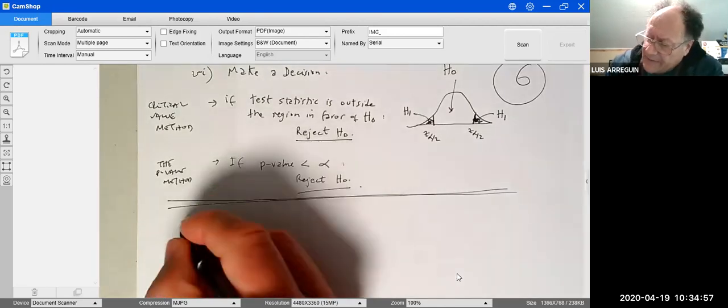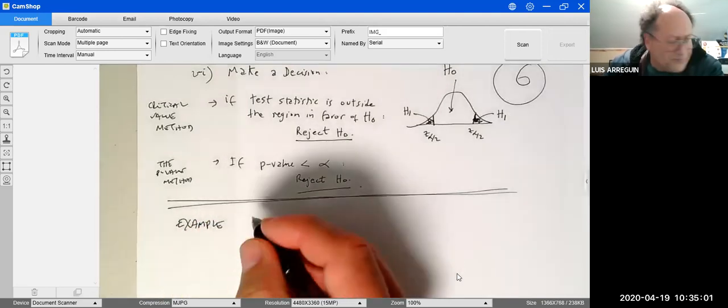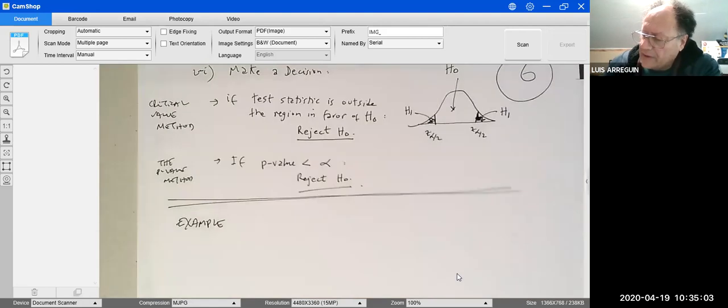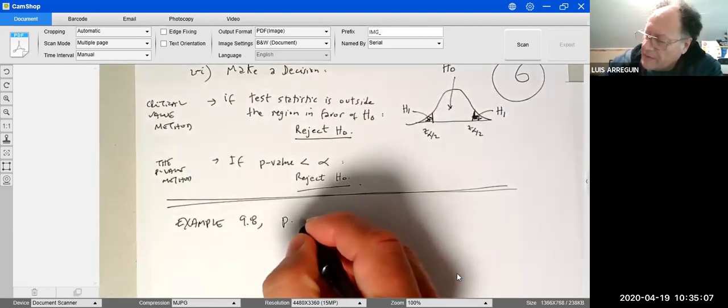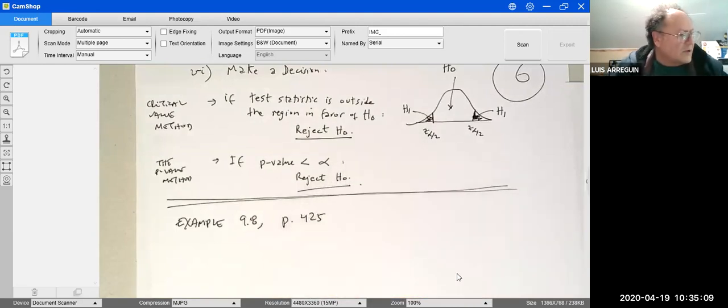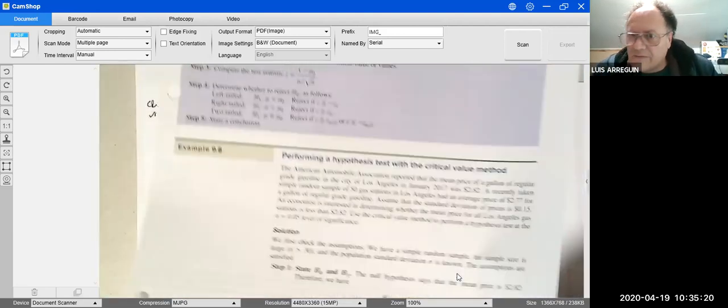So we're going to start with example 9.8. This is on page 425. So let's read the problem, and then we're going to start working on all the steps one by one for you to understand.